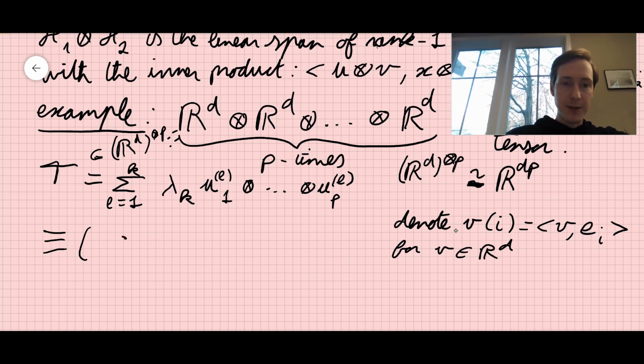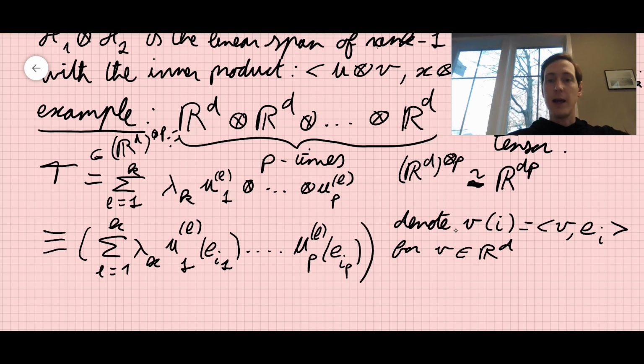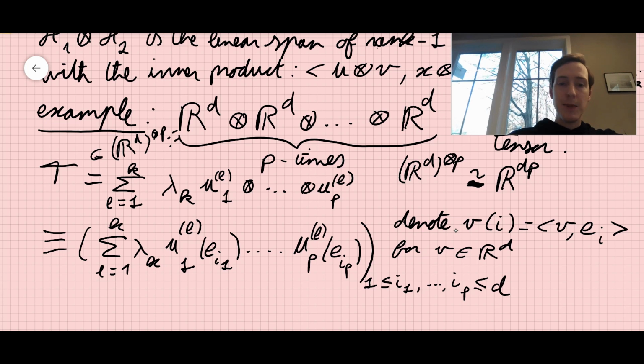I simply mean the sum for l equals 1 to K of lambda_l, U_1^l applied to some basis vector e_{i_1}, times, etc., up to U_P^l applied to some canonical basis vector e_{i_P}. Here I need to record all the indices, I_1 up to I_P, which range from 1 to d. Okay, so this is what you would more normally imagine.